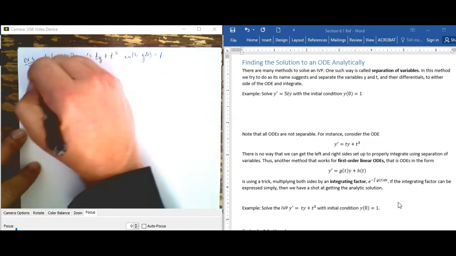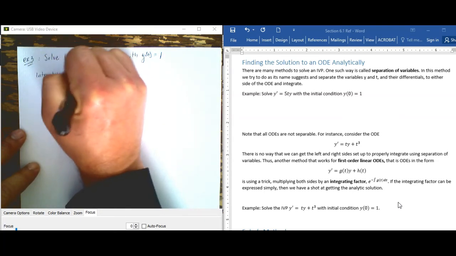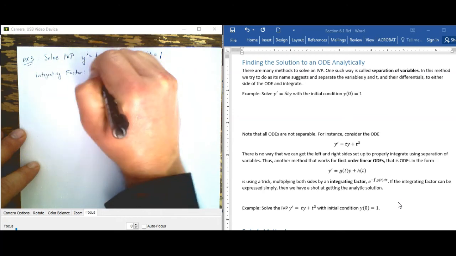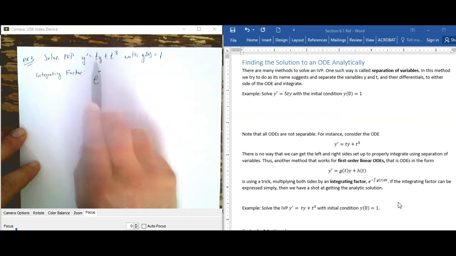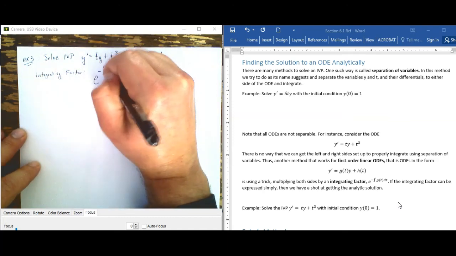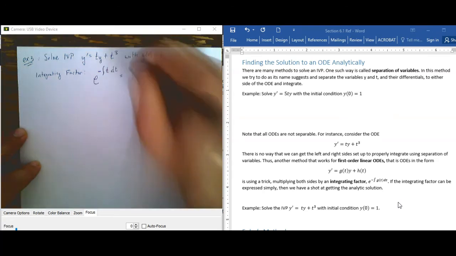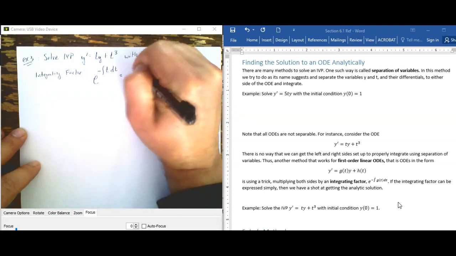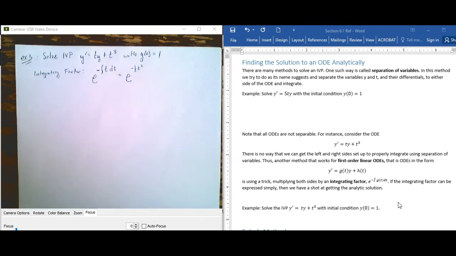So our integrating factor is e to the negative integral of g of t. Well, g of t is that function that is on y here. So negative integral of t dt, which is e to the negative 1/2 t squared. And we'll omit the constant. Once we get to the end of the problem, we'll add that in for simplicity. Okay.